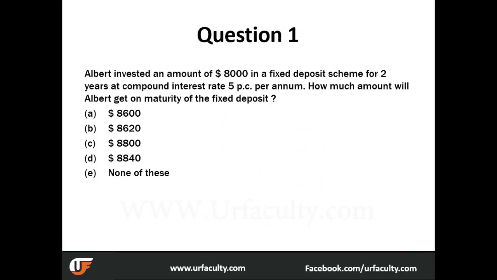Albert invested an amount of $8,000 in a fixed deposit scheme for 2 years at compound interest rate of 5% per annum. How much amount will Albert get on maturity of fixed deposit? This is a straightforward question.